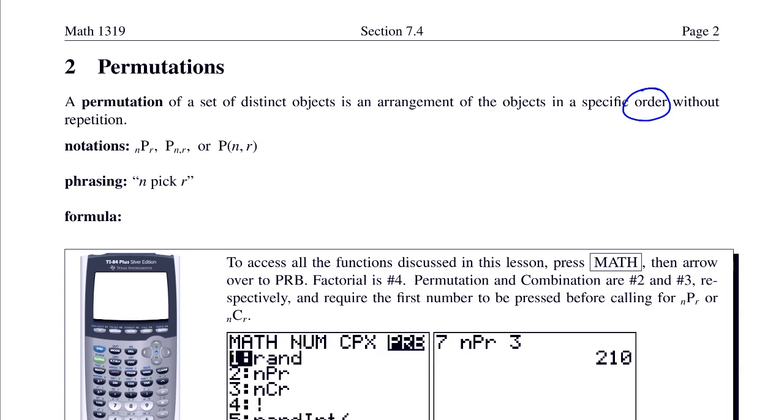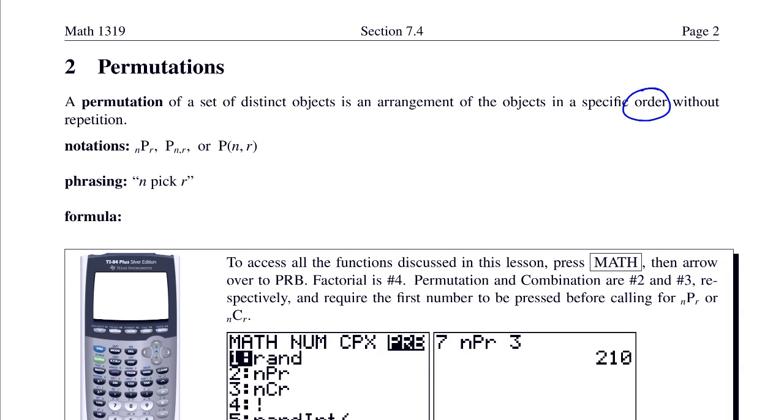Okay? The notations for permutation are little n, big P, and then a little r with the n on the left. Or some people do it this way, P with little n sub r. Or, this is the one I use a lot, P parentheses n comma r.